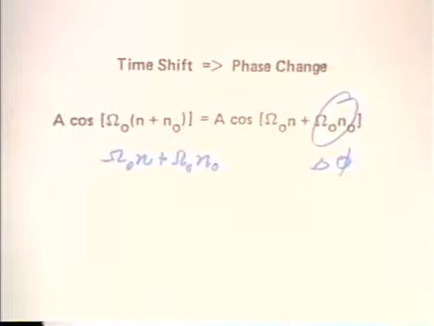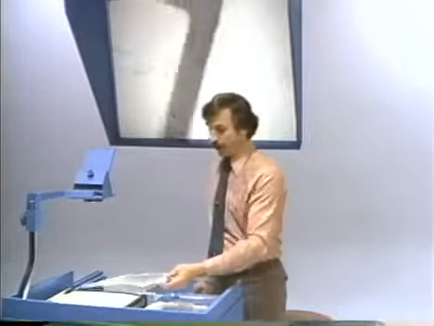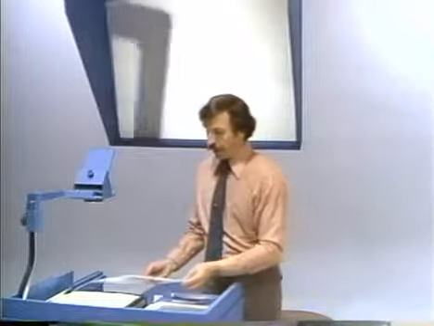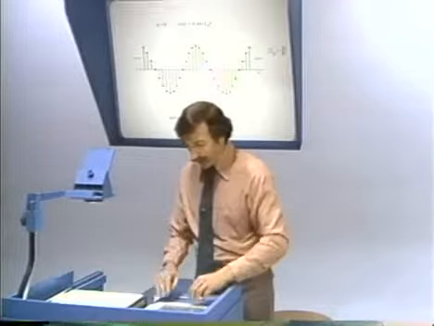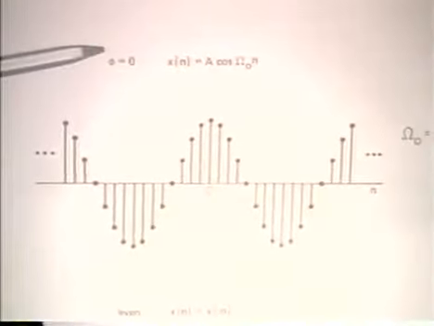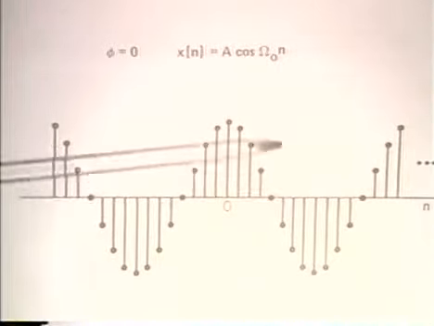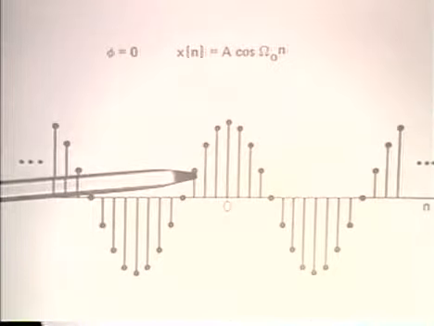And for example, if we take a particular sinusoidal signal, let's say we take the cosine signal at a particular frequency and with a phase equal to 0, a sequence that we might generate is one that I've illustrated here. So what I'm illustrating here is the cosine signal with 0 phase, and it has a particular behavior to it, which will depend somewhat on the frequency.